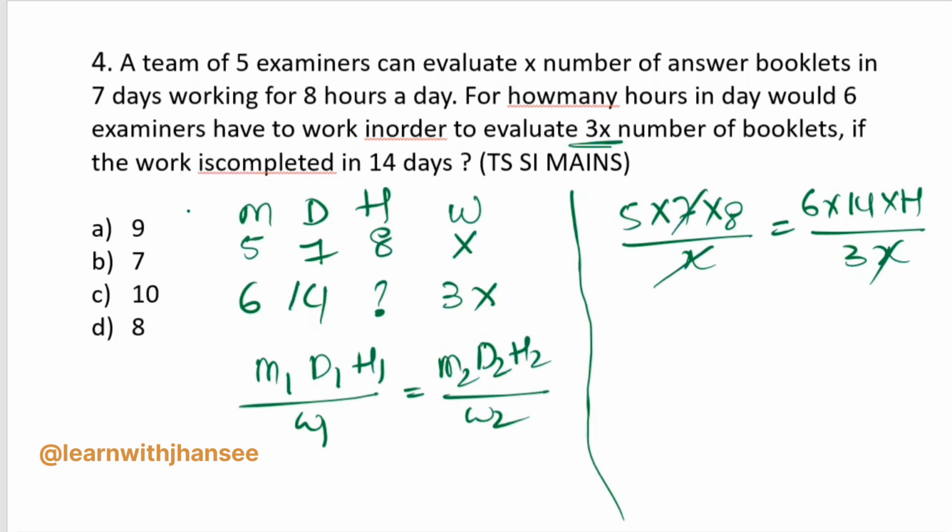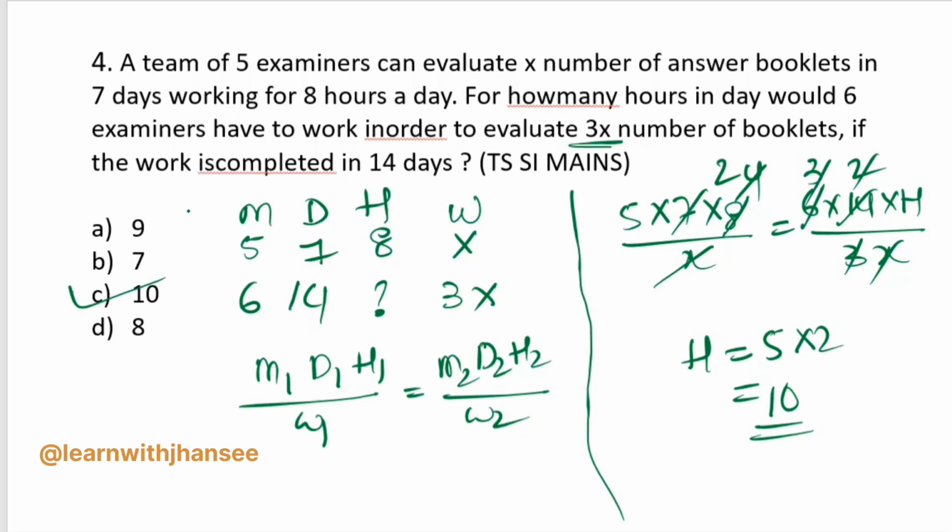X cancels. 7 into 1, 7 into 2. Okay. 2 3s are 6, 2 4s are 8, 2 1s are 2, 2 2s are 4. And 3 is cancelled. So H is equal to 5 into 2, it is left. So total how many hours? 10 hours. So the correct option is C.